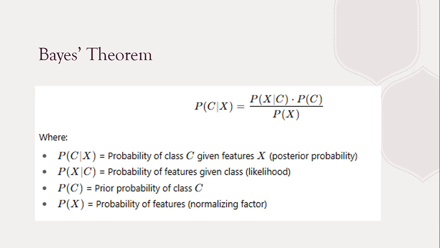Probability of C is the prior probability of class C. Similarly, probability of X is the probability of features, which is the normalizing factor.